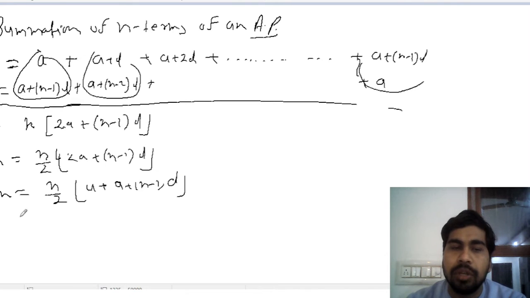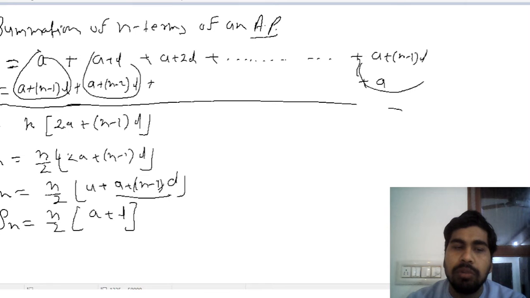Then Sn becomes n by 2 times a plus the last term, a plus n minus 1 d, this is the last term. So this is also one of the most important formulas of Sn, and the other is Sn equals n by 2 times 2a plus n minus 1 d.